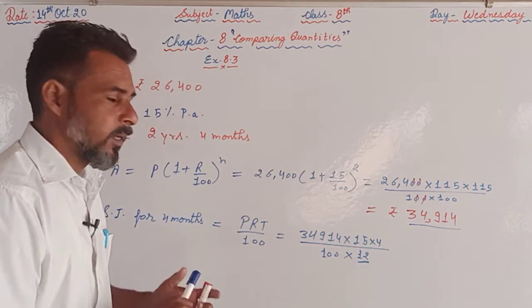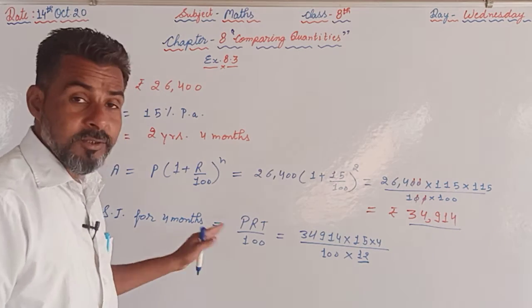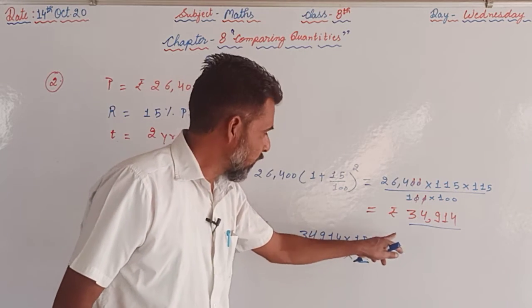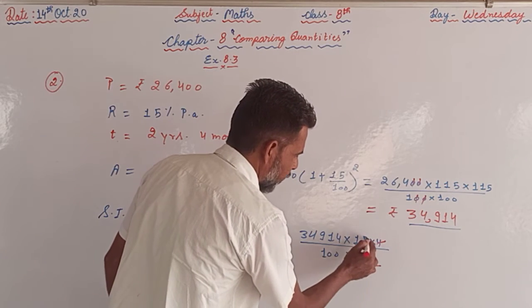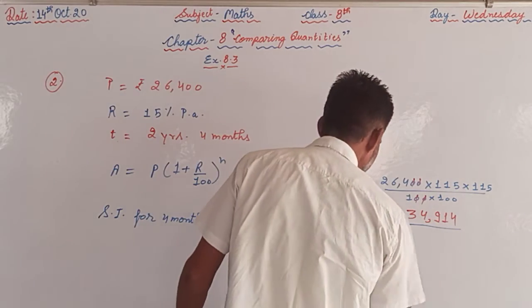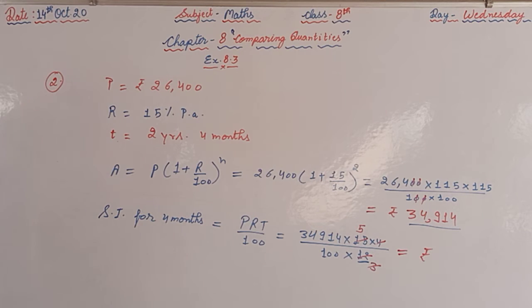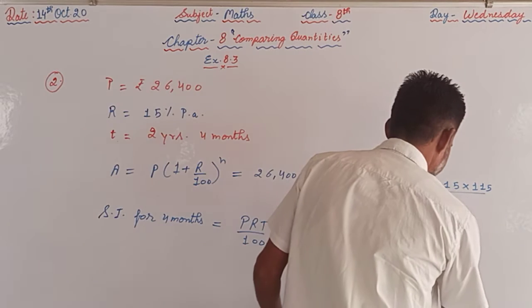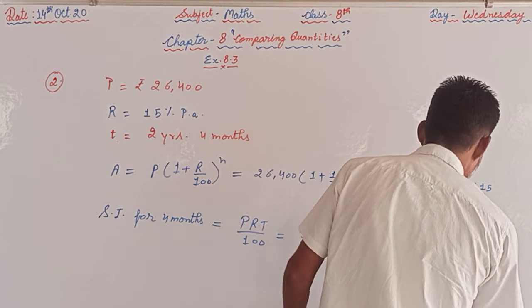Keep that in your mind: months are 4 and the year will be 4 upon 12. If we calculate that, 4 3s are 12, 3 5s are 15, and the remaining calculation you can do. You can find that the simple interest for the 4 months will be 1745 rupees and 50 paise.